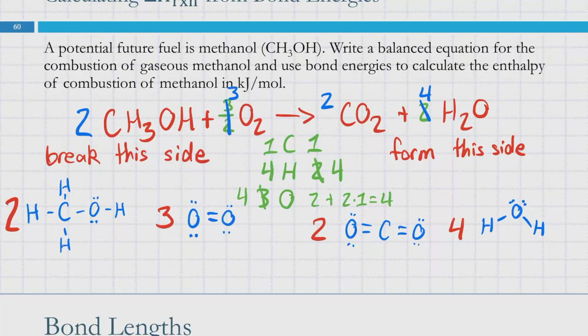And then we count up how many of each bond type we have. So in each of our methanols, we've got 3 of these CH bonds. So we've got 6 CH bonds.